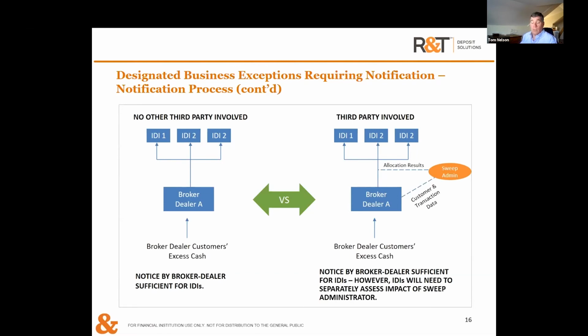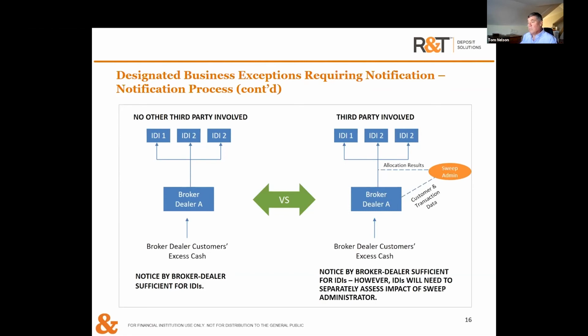The second issue is where the structure looks fundamentally the same, except there's somebody in the middle, like an R&T, who is administering the sweep, allocating all the underlying client balances, potentially negotiating rates, potentially doing other things.